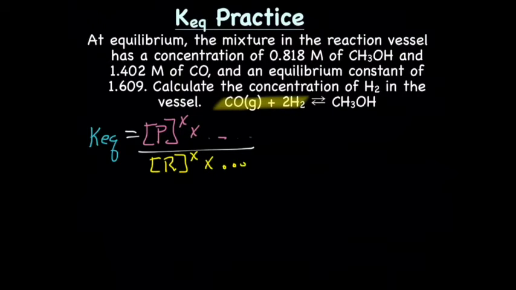So we have CO2. Does our story tell us anything about CO2? Yep, says we have 1.402 molar CO2. And our H2, our other reactant, says calculate the concentration of, which means it's going to be our X. Okay, if we look at the products, CH3OH, let's see, does it tell us anything about that?